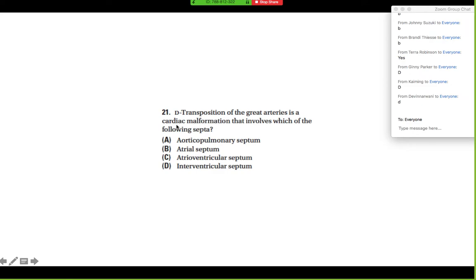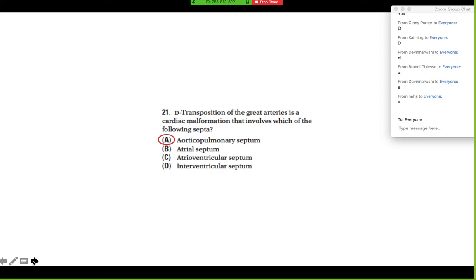Transposition of the great arteries is a cardiac malformation that involves which of the following septa? Yes. Good job. A is the correct answer.